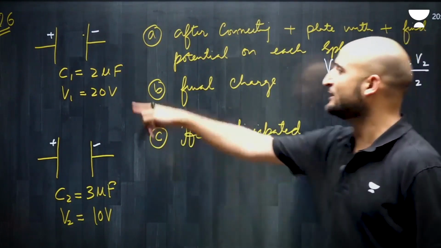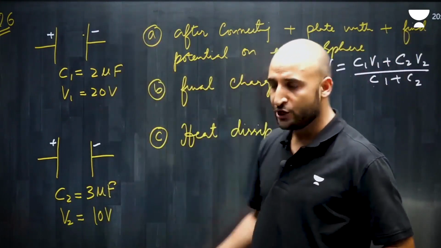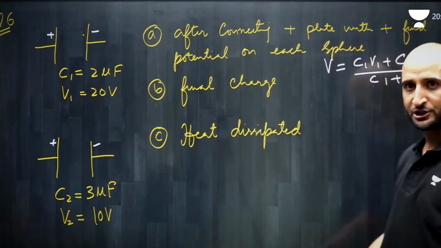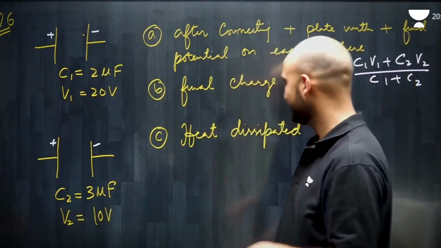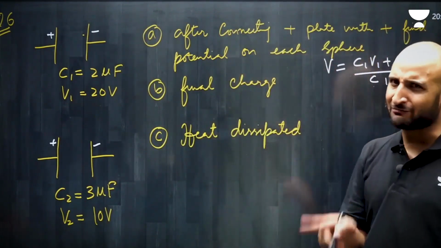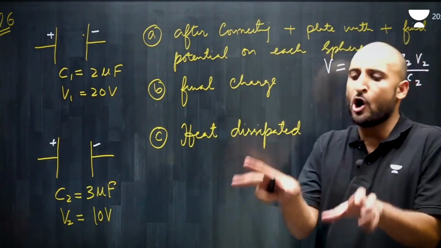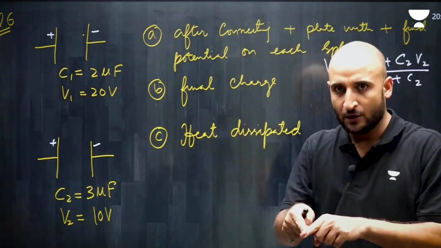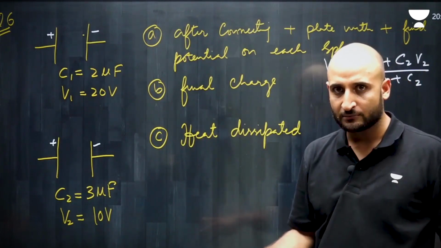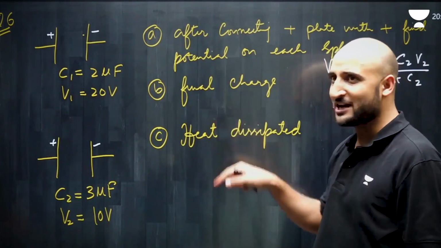You see all the values are given here. You have to put the values here and get the common potential. After connecting, what will be the potential of each capacitor, right? You have to find the final charge.